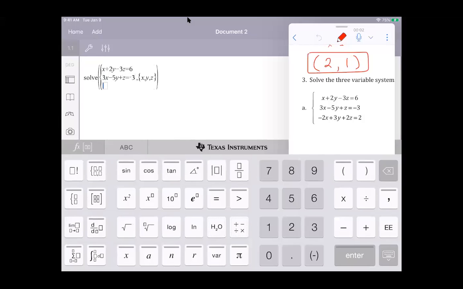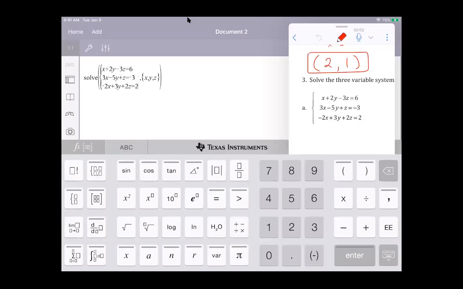My last equation, negative 2x plus 3y plus 2z is equal to 2. And that's the hard part, is typing it in.